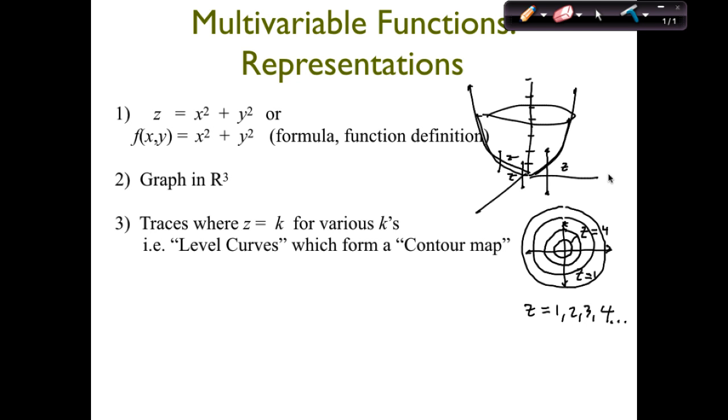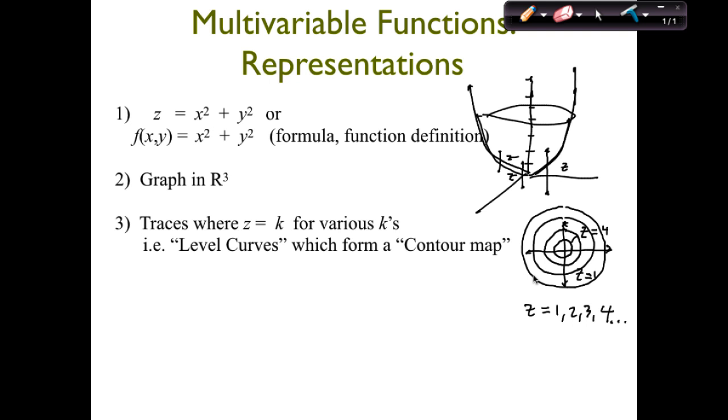What happens to the rate of change as we go higher in z or further away from the origin? So for the same change in z, am I seeing smaller changes in x and y or bigger changes in x and y? Smaller changes in x and y, because this thing is getting steeper, right? So for the same change in z, will the circles get closer together or further apart?